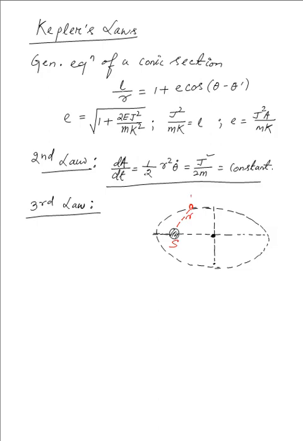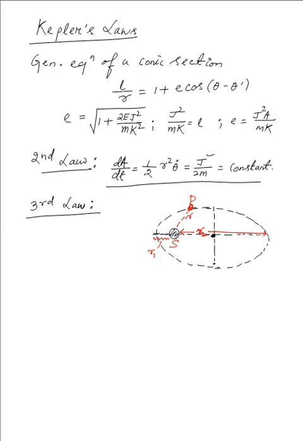The planet is at the point P. The closest distance of the planet to the sun is what we term the perihelion, and the farthest distance from the sun during its motion is denoted here by r2, and that is known as the aphelion.